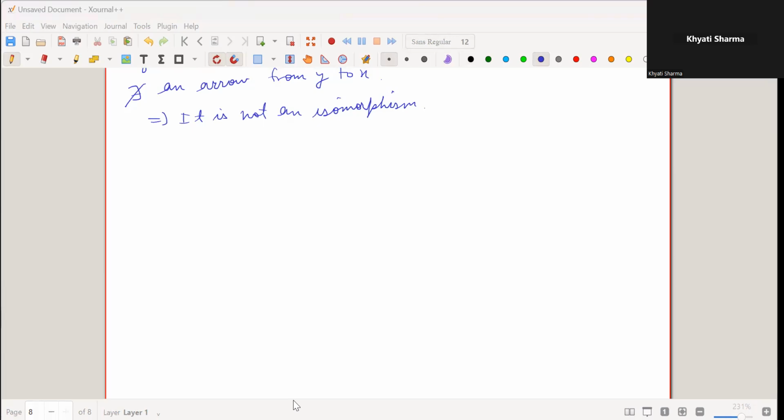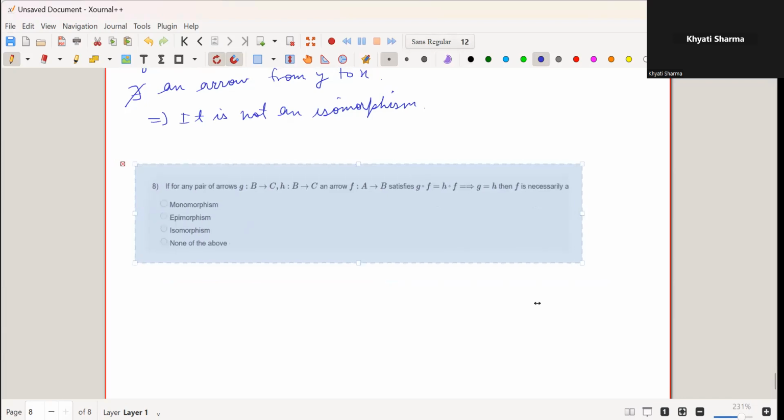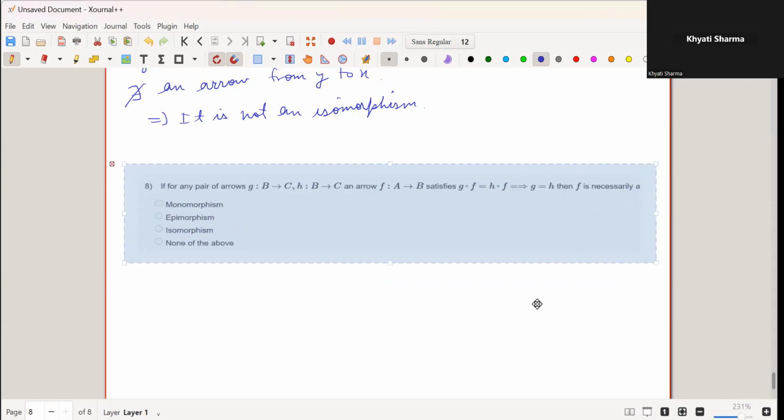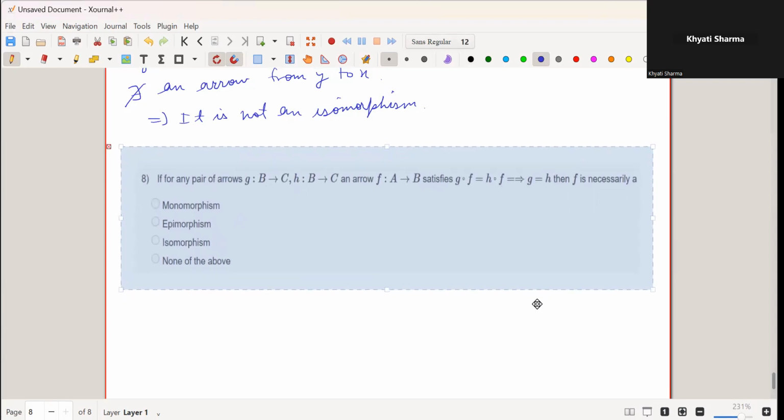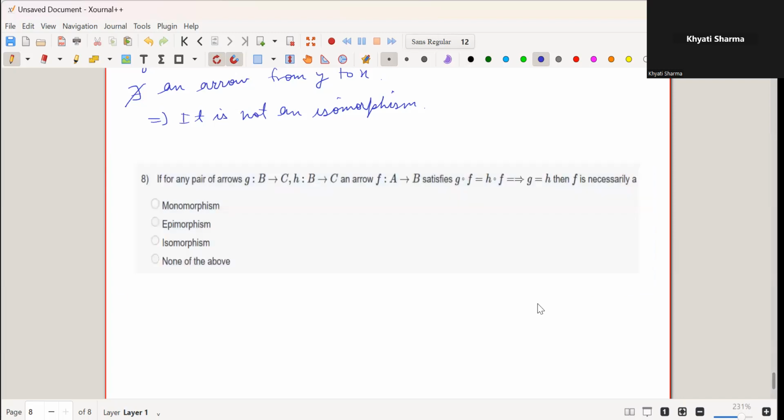That is the eighth one. So it says, for any pair of arrows G from B to C and H from B to C, an arrow F from A to B satisfies G∘F equal to H∘F implies G equal to H, then F is necessarily a monomorphism, epimorphism, isomorphism, or none of the above.